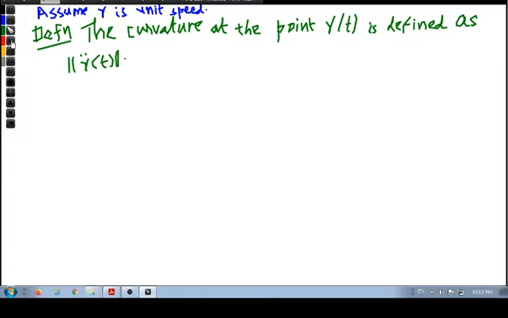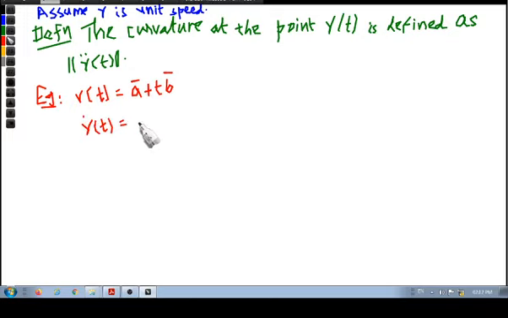We will see one or two examples. Suppose gamma is a straight line. Gamma of t is equal to a plus tb, where a and b are vectors, t is scalar. So this passes through the point a and is parallel to the vector b. So what is gamma dot of t?